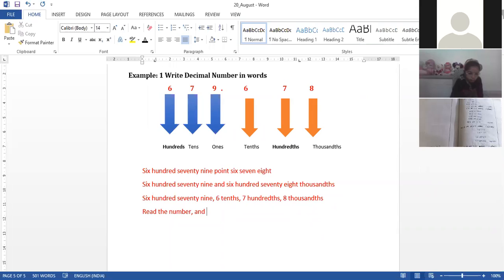Read the number, comma, add the place value of the last digit.